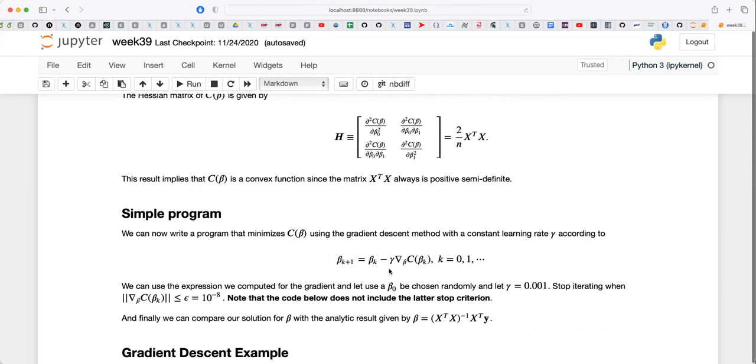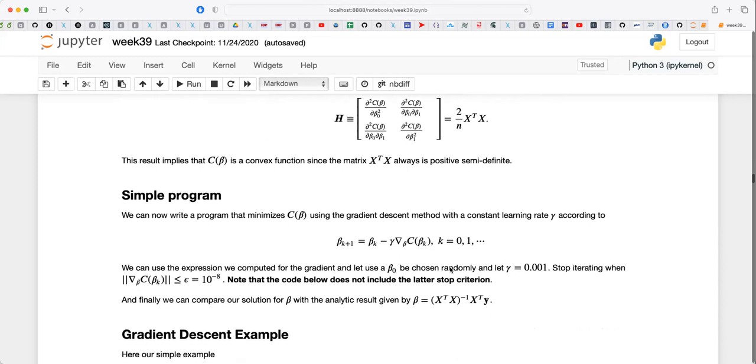We have a fixed learning rate, gamma, and we keep going for different numbers of iterations. You can choose to set gamma equal to 0.01, or you can choose it from the eigenvalues of the Hessian matrix. And then you could stop iterating when this gradient, so you can make different tests. You can either compare the new values of beta with the previous one, or you can calculate the gradient.